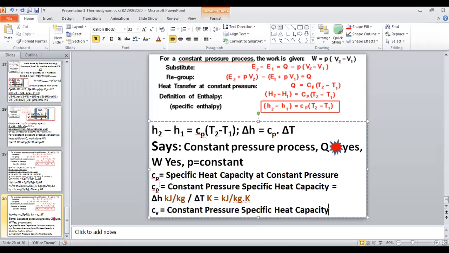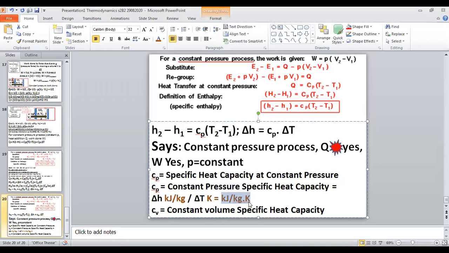Cv, same like Cp, constant pressure specific heat. We can have Cv for constant volume specific heat capacity. Specific heat means per kg, okay?